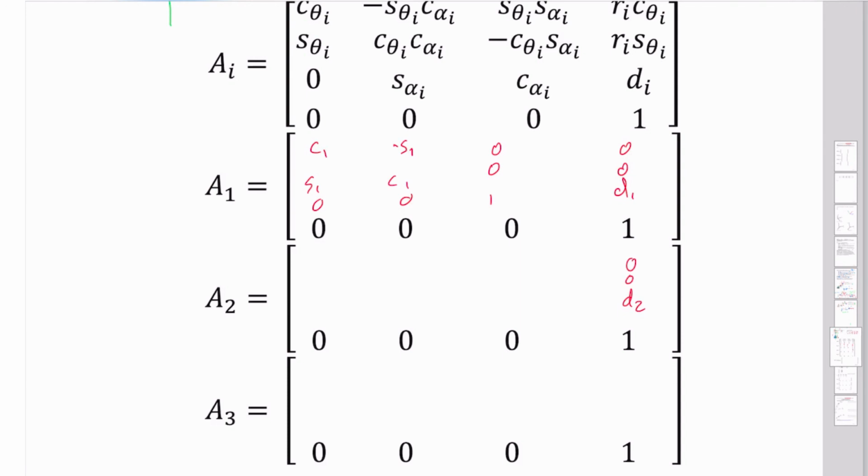And if I insert what this twist does, I get 1, 0, 0, and then 0, 0, negative 1, and 0, 1, 0. My A3 has no change in rotation, so that's going to be my identity matrix, and it's only got a change in my offset, so that's my d3 star. These are my starred values.